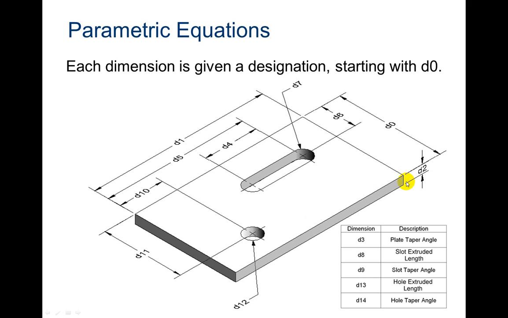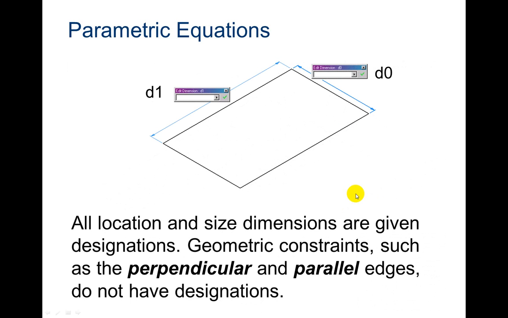Then D2 was that extrusion dimension. And it looks like D3, I don't see that on here. Oh, it's a plate taper angle. And so on and so forth. So each of these dimensions has a designation, and that's what it's talking about here.